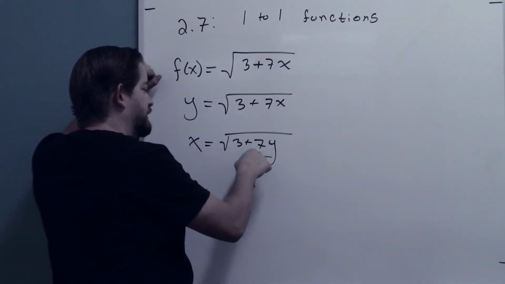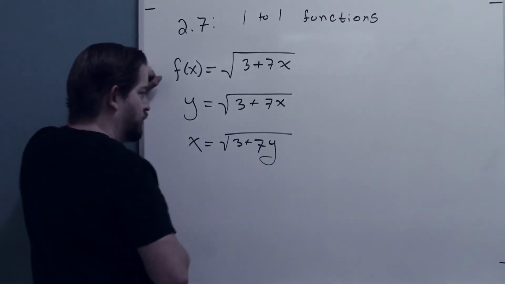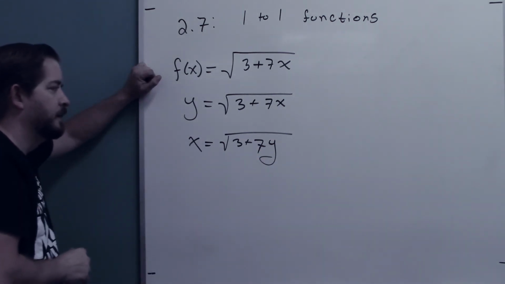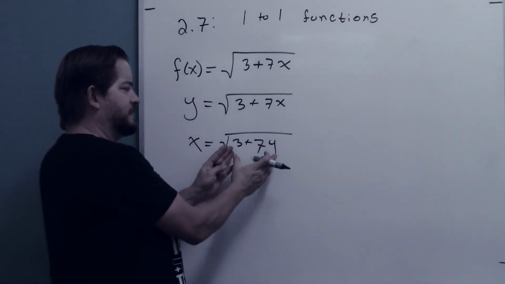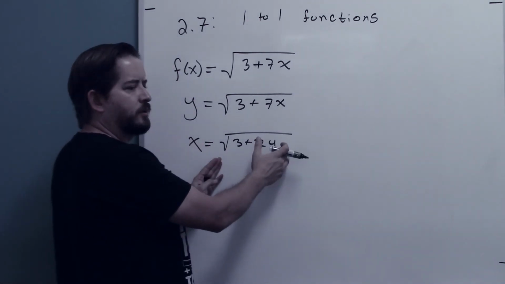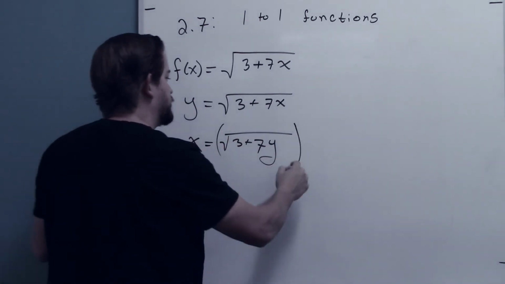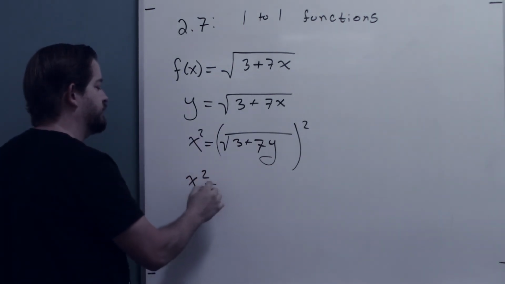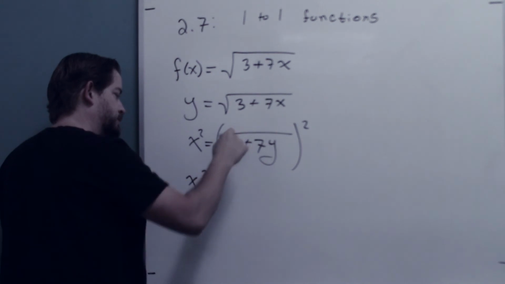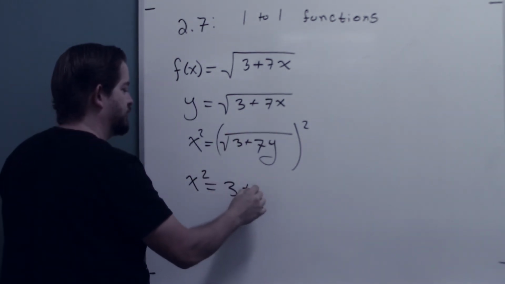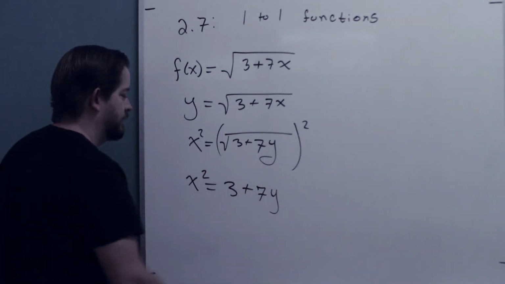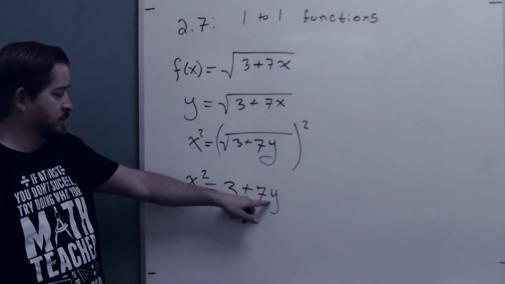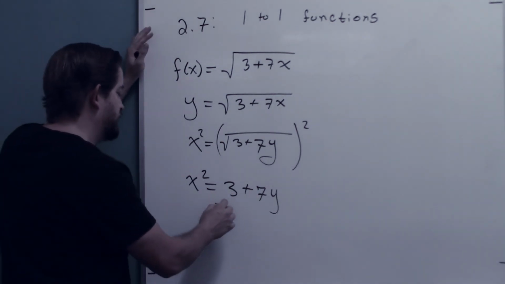And I want to isolate and solve for that y. So this y is stuck in an expression under a square root, and I can undo that by squaring both sides. So that leaves me with x squared equals, the square kills the root, leaves me with 3 plus 7y. I can get this y term alone by subtracting 3 from both sides.